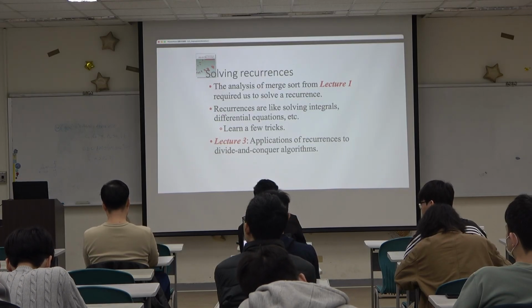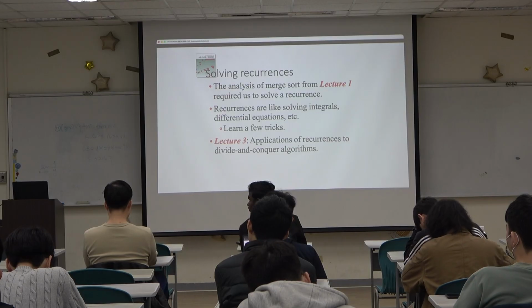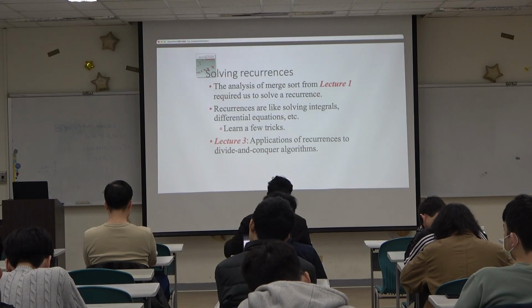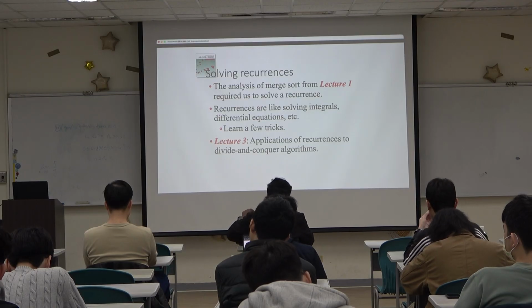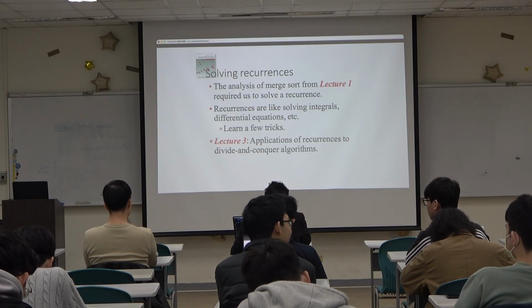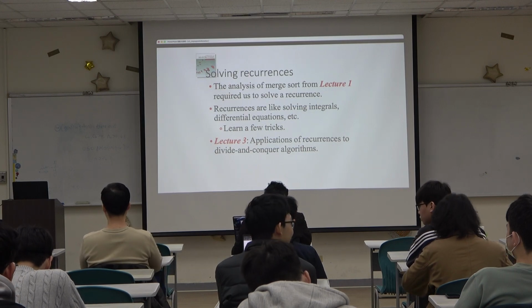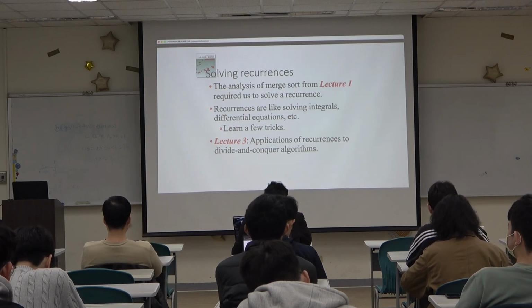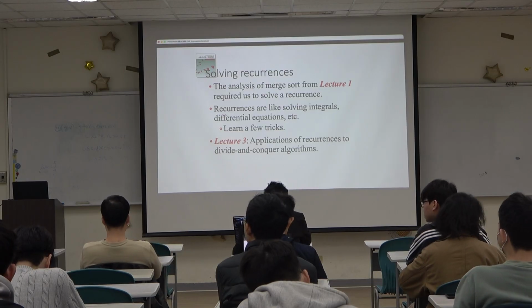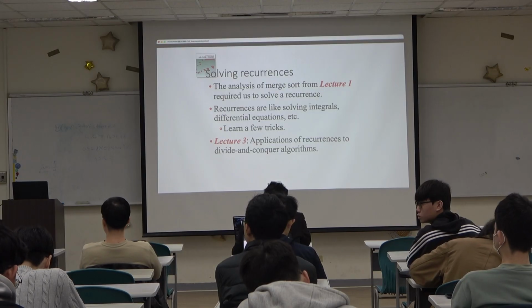You guys know the definition of recurrence, right? It's just a function that can be defined by its lower terms. 就一个方程式，你可以用它比较小的一些 term 来表示它。Then we call it recurrence. The easiest example that you have seen, we talked about that last week, is merge sort, right?